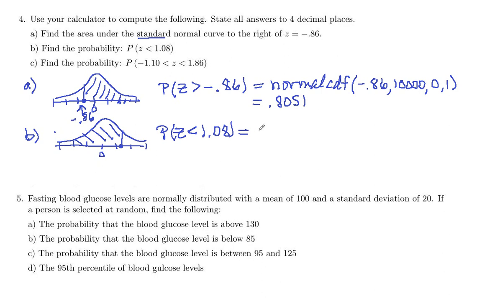Lower cutoff minus infinity, so we'll do normal CDF again. Lower cutoff minus infinity, we'll use negative 10,000. Upper cutoff right here, that's our 1.08. And then mean and standard deviation the same, 0, 1.